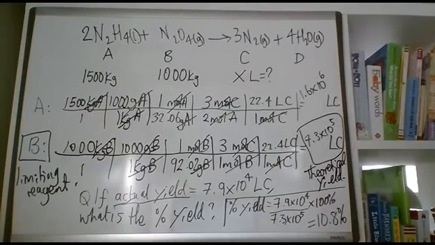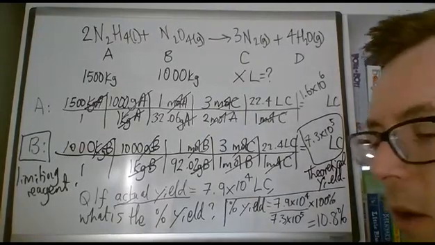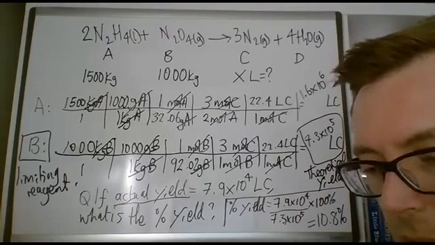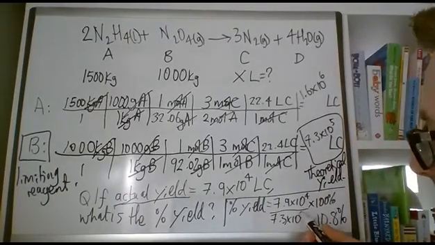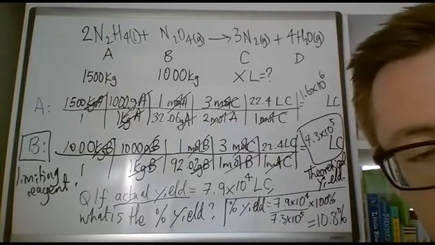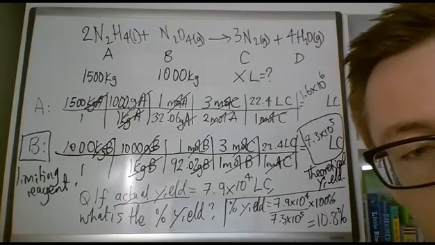Why would the chemist want to calculate percent yield? Because he or she might want to know, what am I getting with respect to what can I potentially get? So you potentially could have gotten 7.3 by 10 to the 5 liters. You actually only got 7.9 by 10 to the 4 liters.